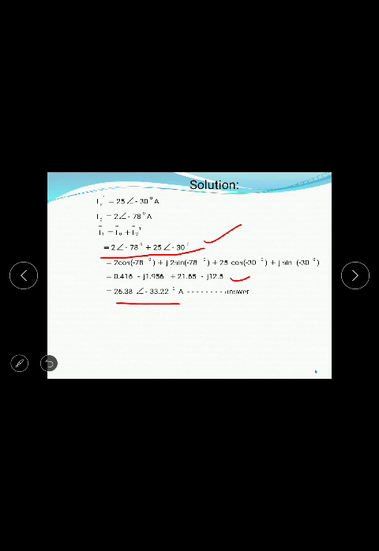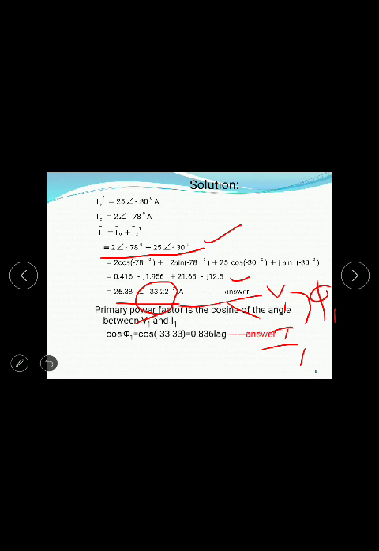amps. So this is the phase angle between the voltage and current, between V1 and I1, which gives the power factor, that is cos phi 1. This is the V1 I1 angle, phi 1.